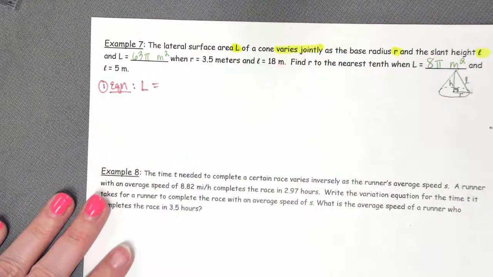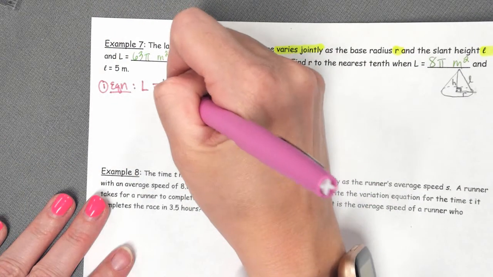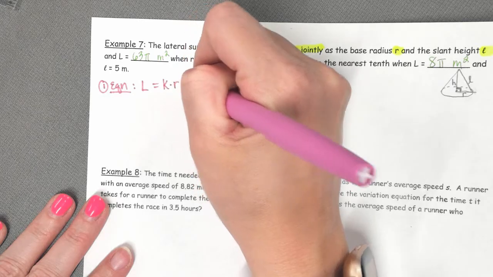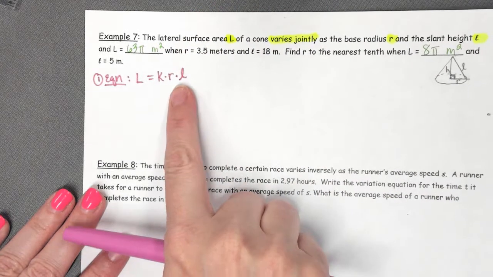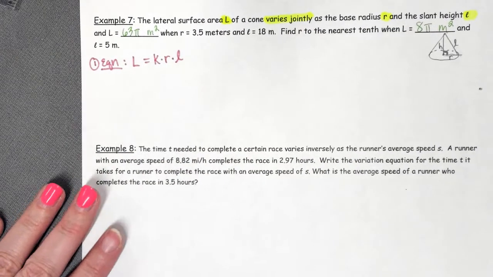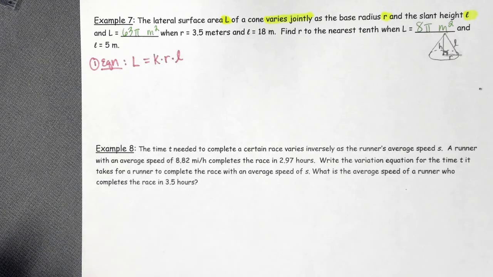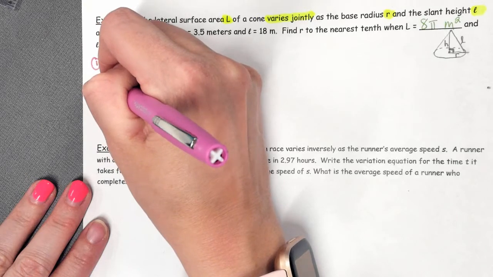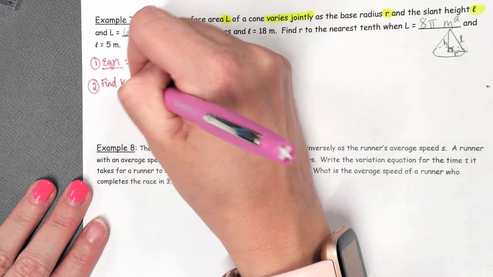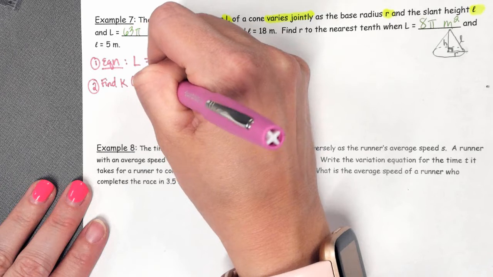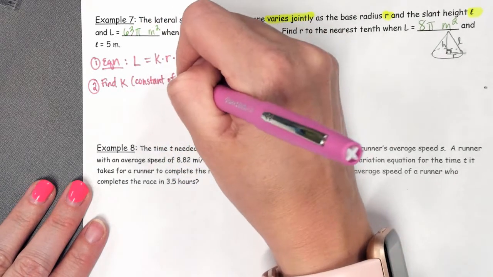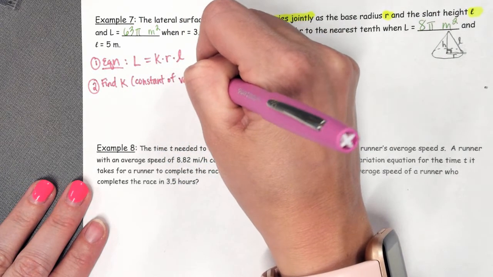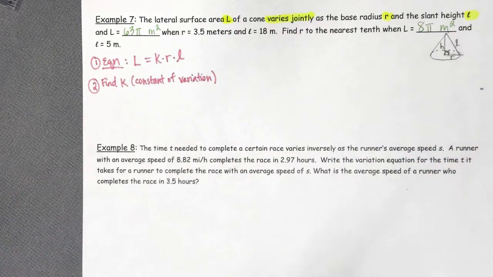So L equals, you always have your K, and that's getting multiplied by r, and it's getting multiplied by the slant height, which you use your cursive L for that. And then your second step is going to be to find K. Again, this is called the constant of variation, and that is sometimes what you'll be asked to find specifically in your practice problems. That's what it means. You find K.